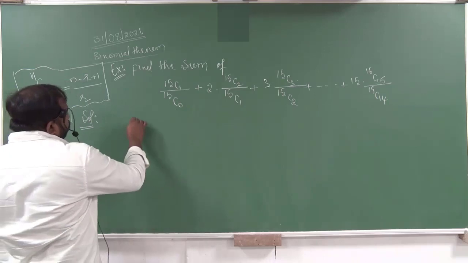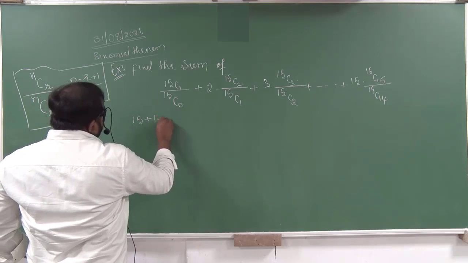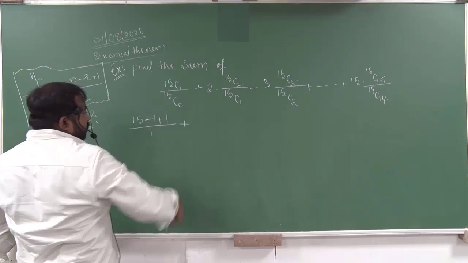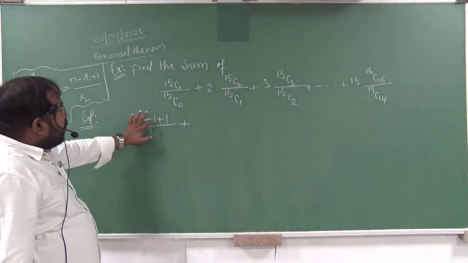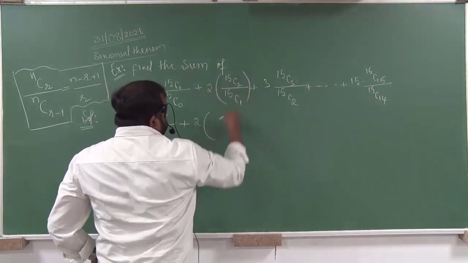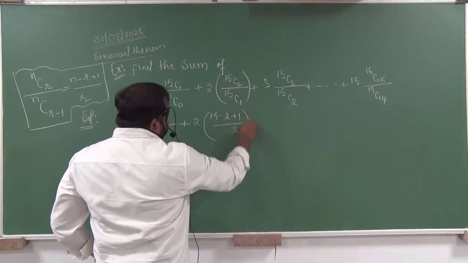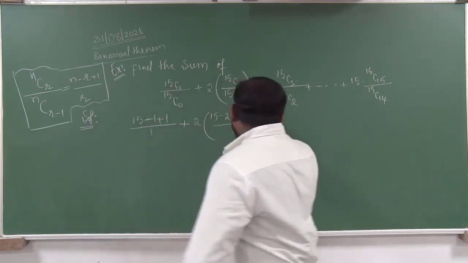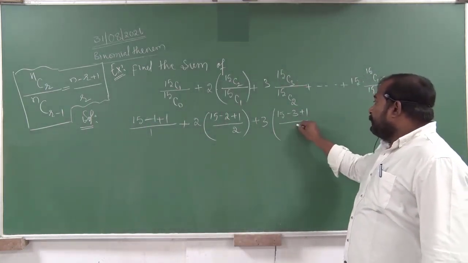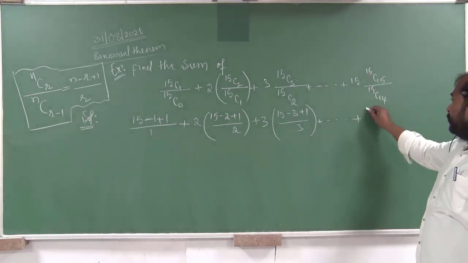So what is the direct value? (n minus r plus 1) by r with r as 1. Similarly, 2 into (n minus r plus 1) by r, then 3 into (n minus r plus 1) by r. Like that, proceeding to the end.